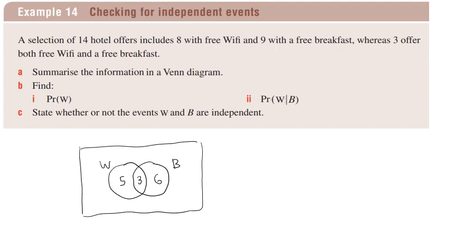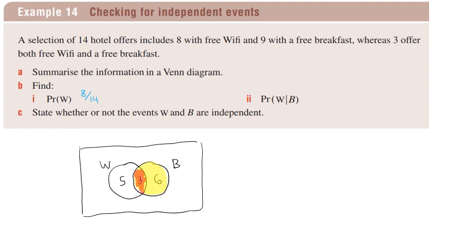Next, we need to find the probability of W, or Wi-Fi. So that is 5 plus 3, which is 8 out of 14. And the probability of Wi-Fi given breakfast has occurred, W given B has occurred. So this is like B has already occurred, and the probability of W is that.